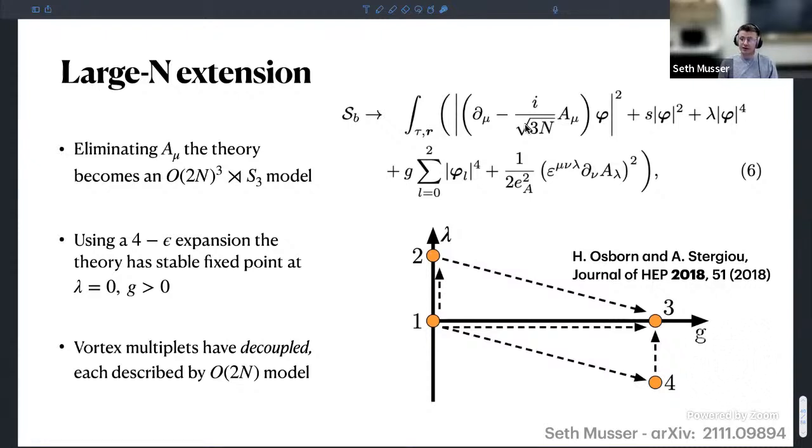You're interested in irrelevance of couplings so that you have a continuous transition? Yeah, correct. We just want to see in the extremely large n, do we flow to a place where we can have charge density wave occurring at the same critical point that you get a Mott insulator.